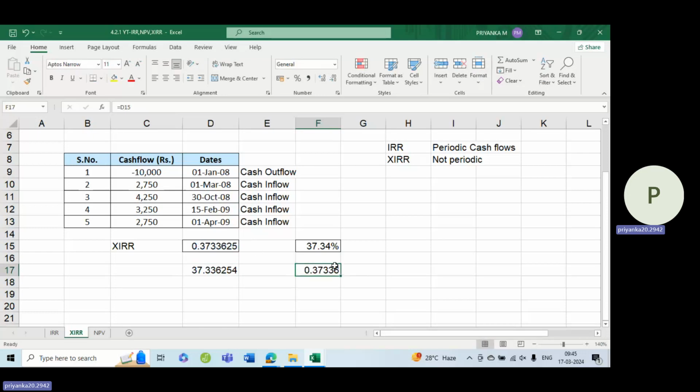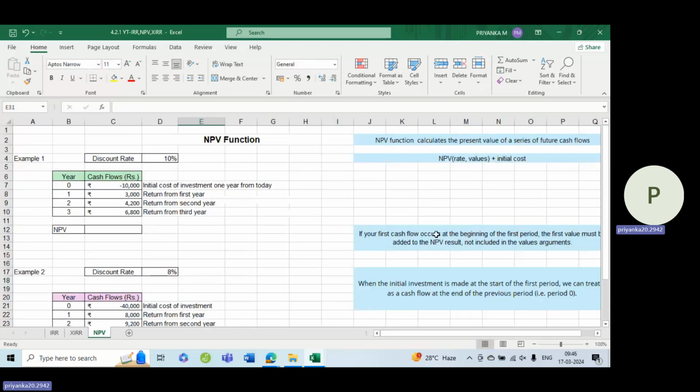Now select the cell, and in the number column you'll have a percentage symbol. Just select it once, and you'll get your percentage value here. To increase your decimals, you can use the increase decimal function there.